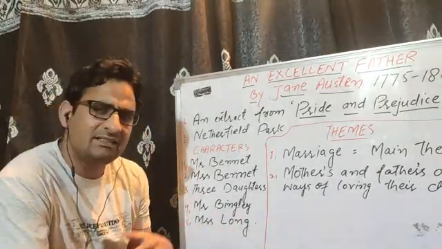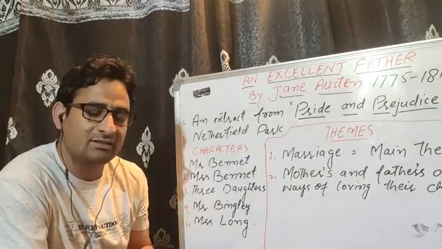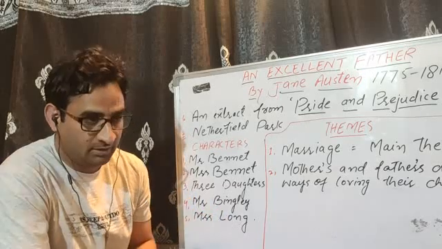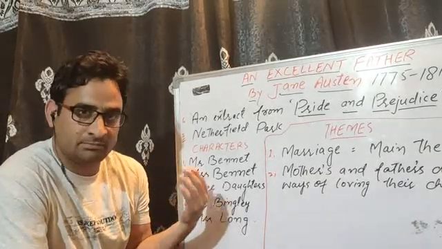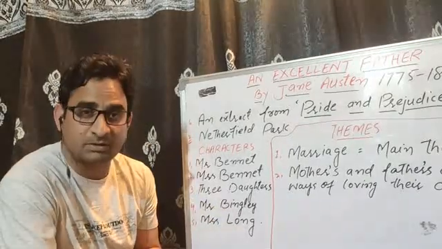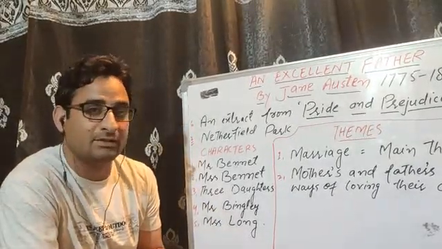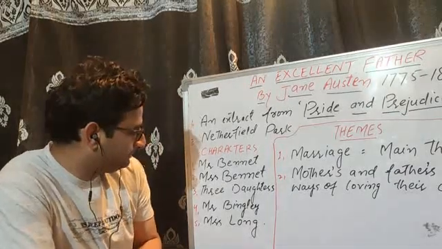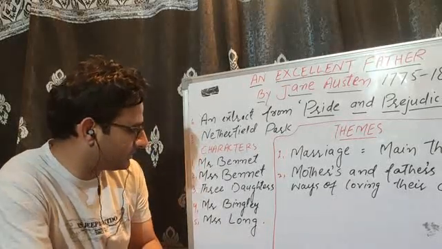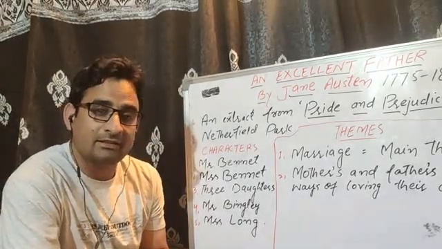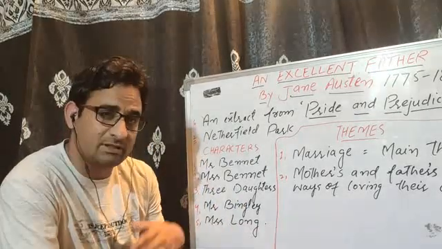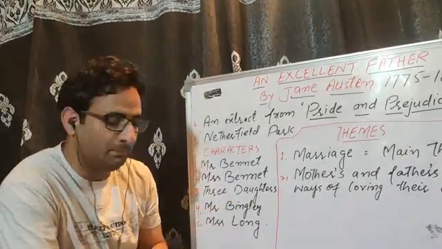But Mr. Bennet, at the very beginning, seems not interested in visiting Mr. Bingley. He is not interested in getting any of his daughters married to Mr. Bingley, who was a rich person. It seemed so at the very first. But there is a conversation between Mrs. Bennet and Mr. Bennet about their daughters, about visiting the home of Mr. Bingley.